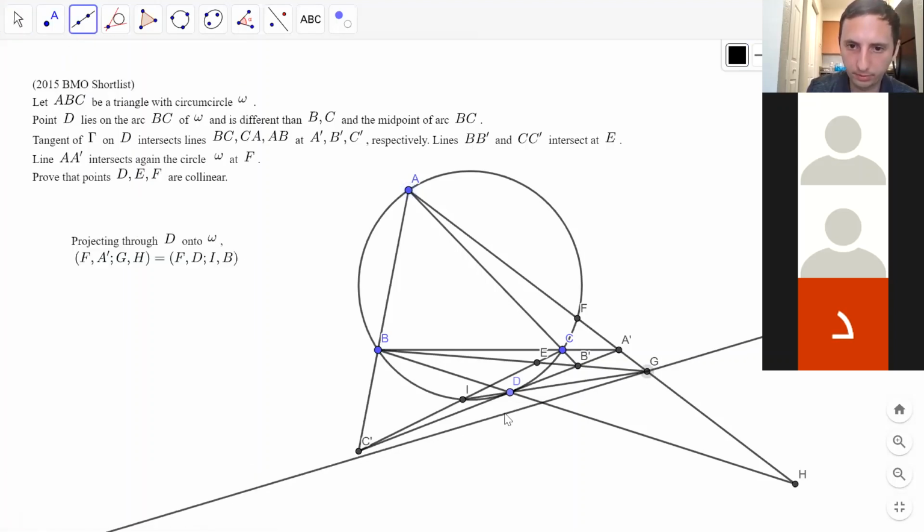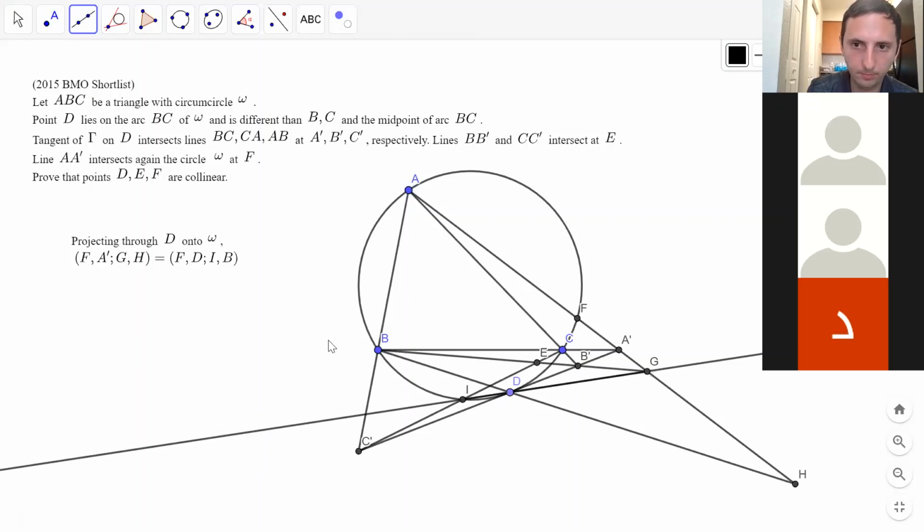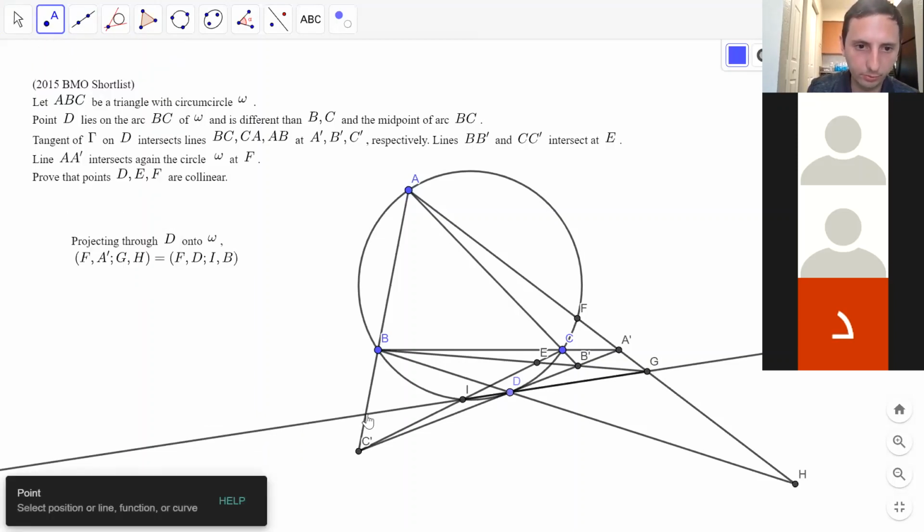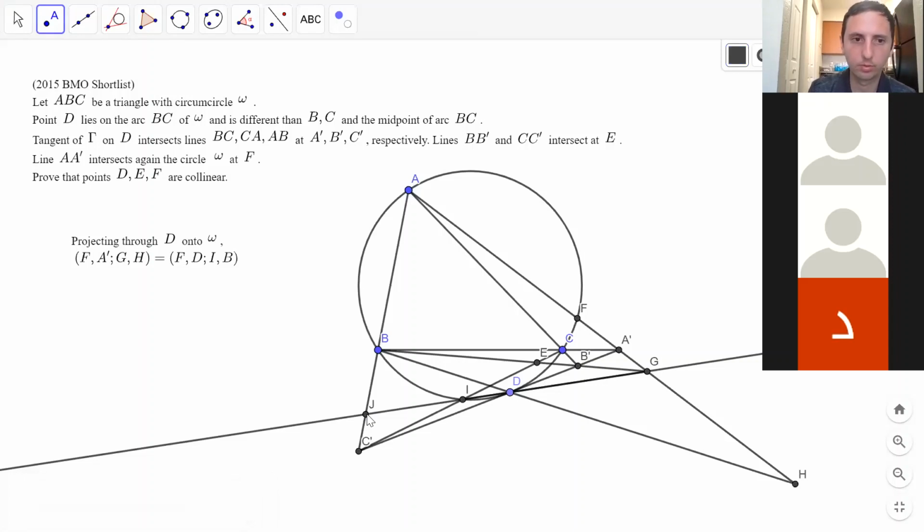What if I let this? Yeah, I'm just thinking if I do enough projections, FDIB, projecting through A is the same as GDIJ.